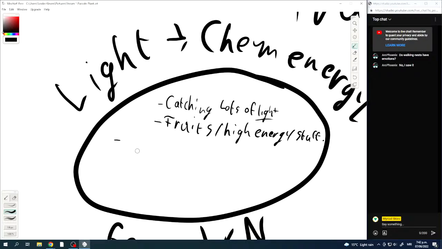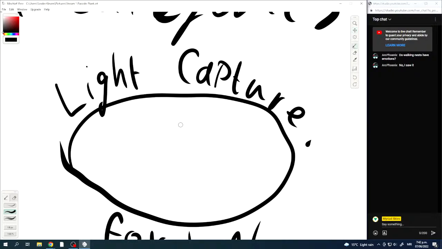Like they will be good at extracting as much light out of the rain as possible. Whereas light capture ones, so whereas they might not necessarily be as good at extracting all of the light out of things, they'll be good at capturing lots of water.